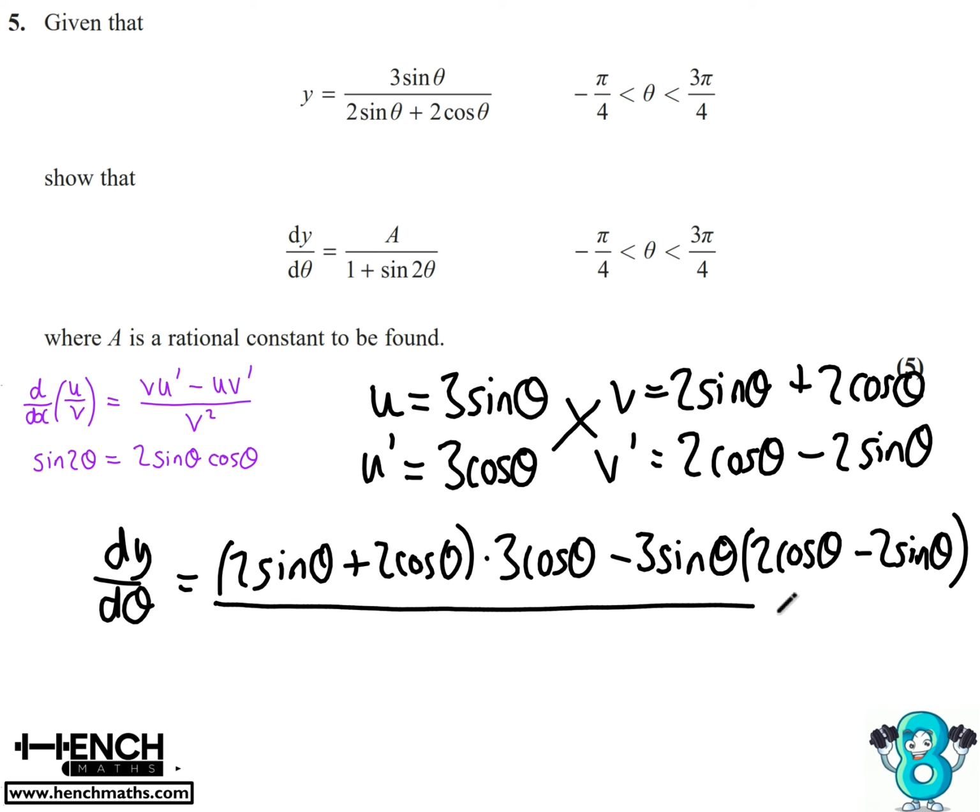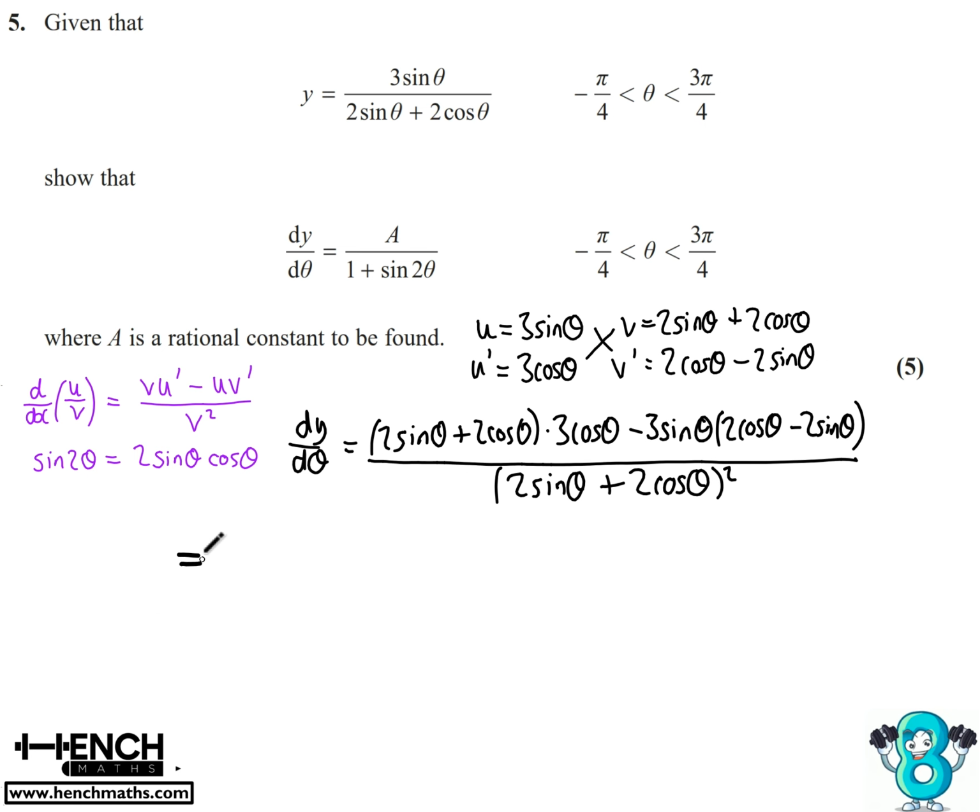So we'll do a big division, 2 sine theta plus 2 cos theta squared. And so we're just going to need to do some simplification here. So let's start multiplying out our brackets.